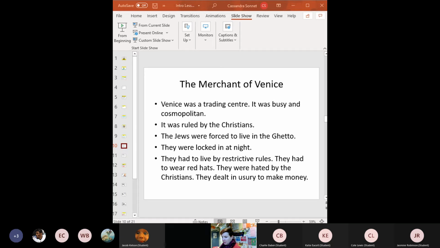Someone else. Yeah, you go to a loan shark, or in this case, you would go to a Jew in Venice. And the Jews would say, right, I will lend you £100, but at 25% interest.